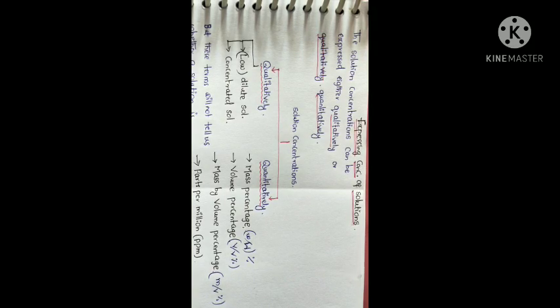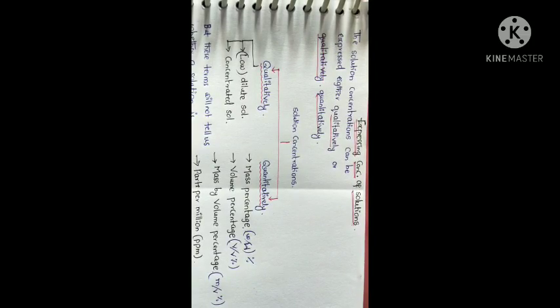Now tell me, which solution is safe for our body and which is harmful? We can say that the 2 molarity HCl solution is safe for our body and the 10 molarity HCl solution is very harmful to our body.